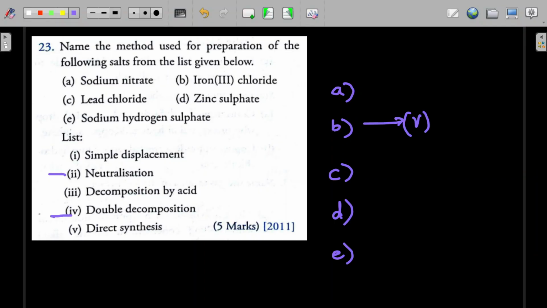Which one will you use? Yeah, so neutralization you have to use. Okay, because the other one may be precipitation. Sometimes, instead of giving you precipitation, they have given double decomposition. Okay.